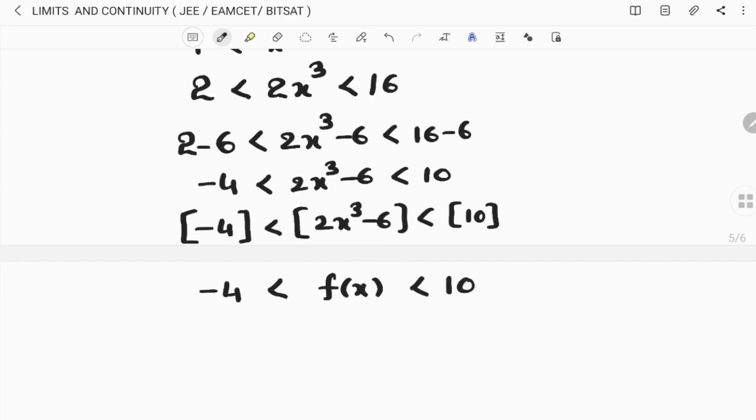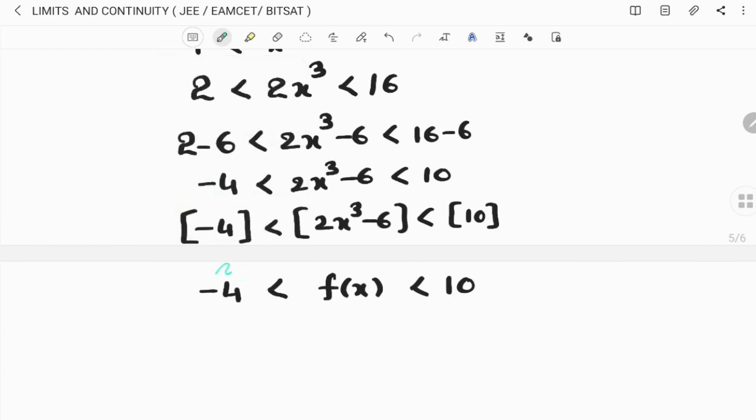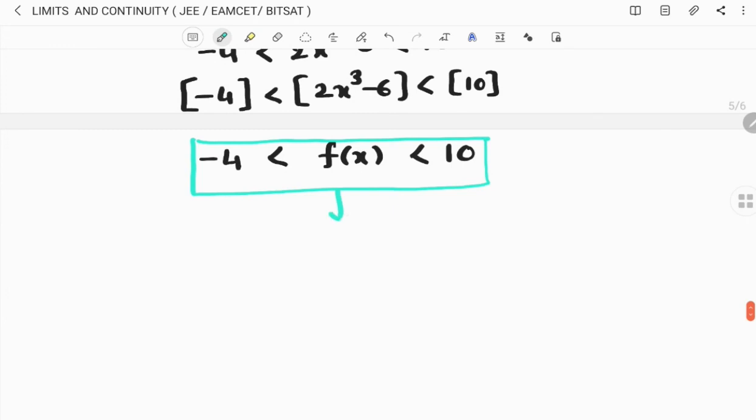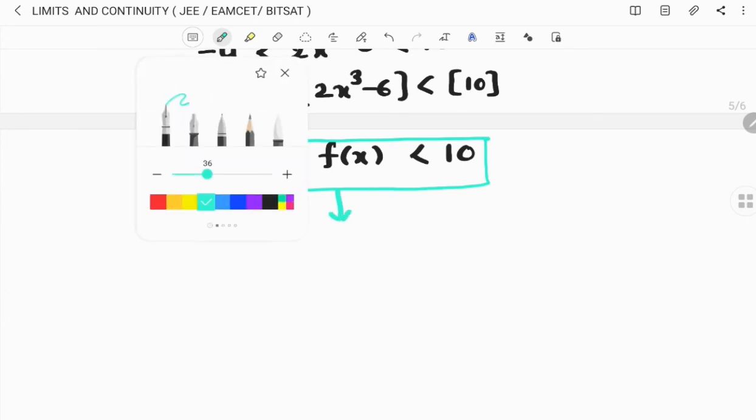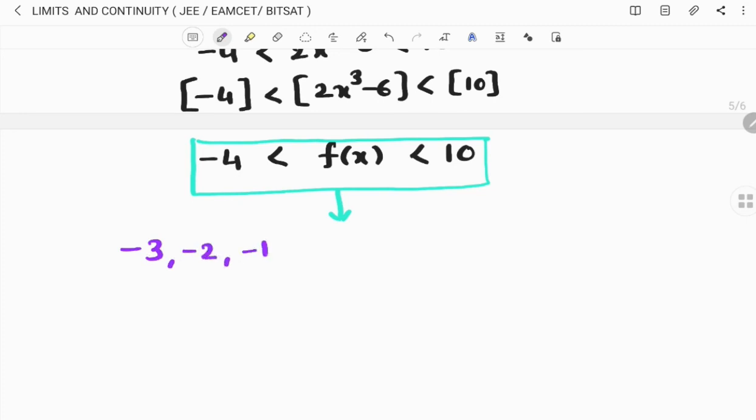So in between minus 4 and 10, how many numbers are there? Here we are writing: in between minus 4 and 10, we have the values minus 3, minus 2, minus 1, 0, 1, 2, 3, 4, 5, 6, 7, 8, 9.